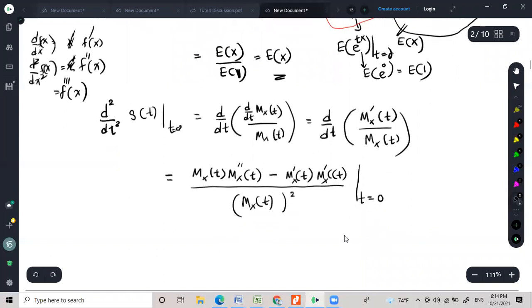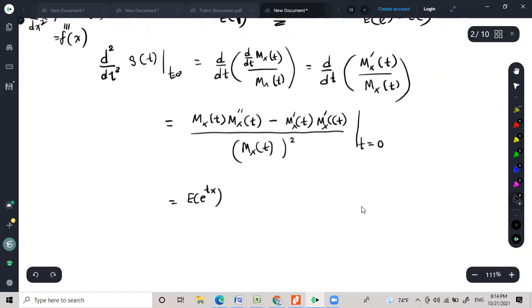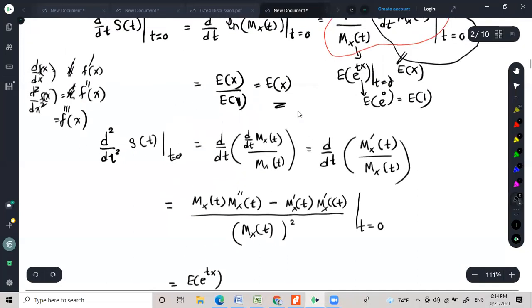Like you did in the previous case, let's substitute t equal to 0. What is M_X(0)? This is the expected value of e to the tX, and we already found that it is 1.